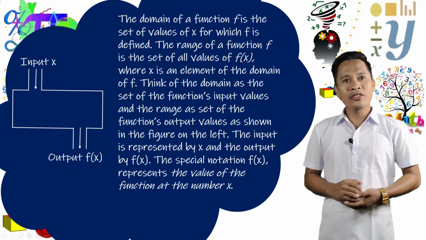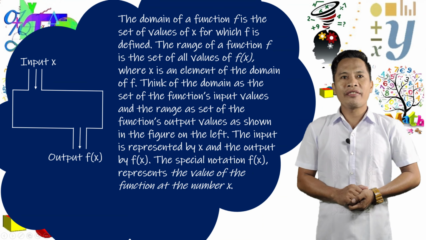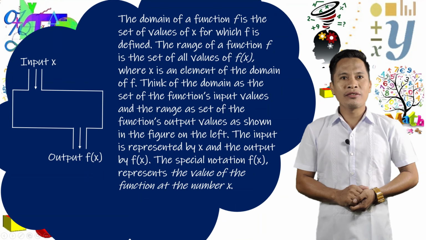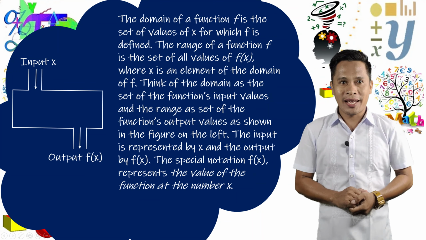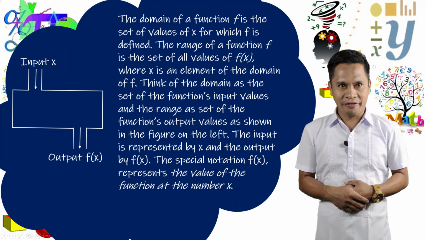The domain of a function f is the set of values of x for which f is defined. The range of a function f is the set of all values of f of x, where x is an element of the domain of f.